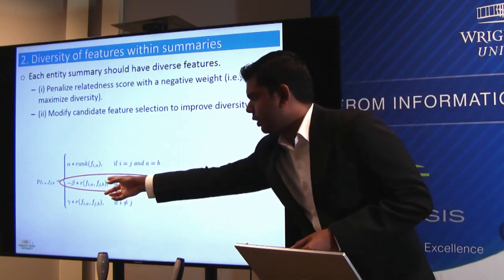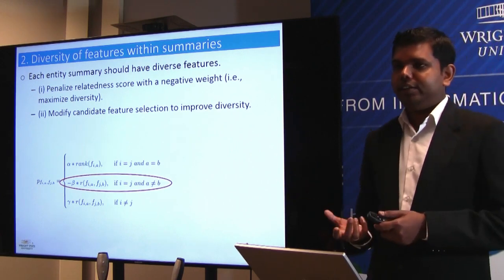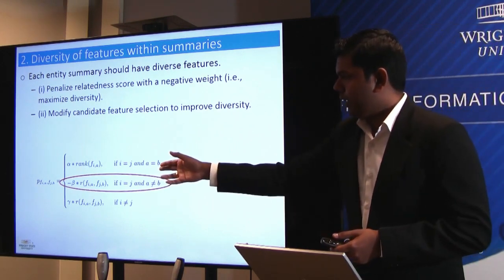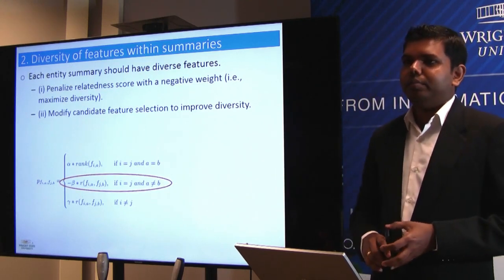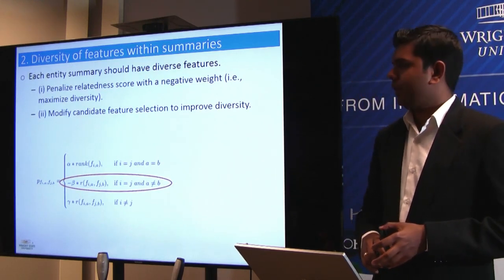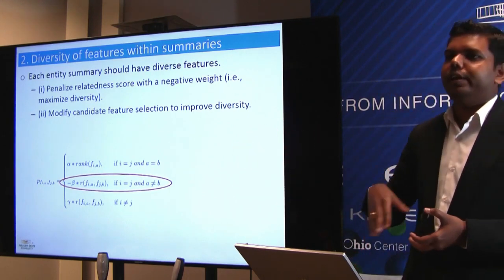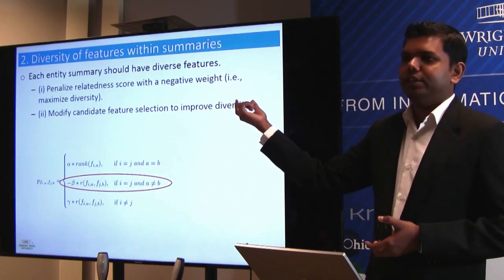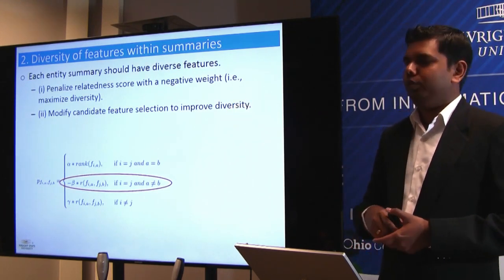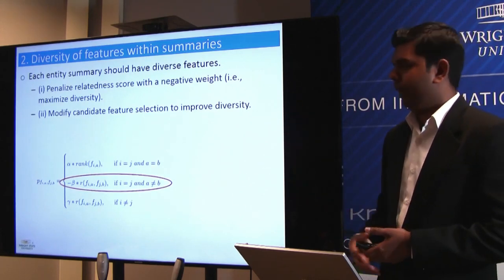So if features belonging to the same entity have higher relatedness, we reduce the profit by multiplying it with a negative coefficient. So it makes our profit go down if we try to select more related things within each entity summary. And we also do a modification to the optimization algorithm to ensure we get improved diversity, which I will explain in that part.